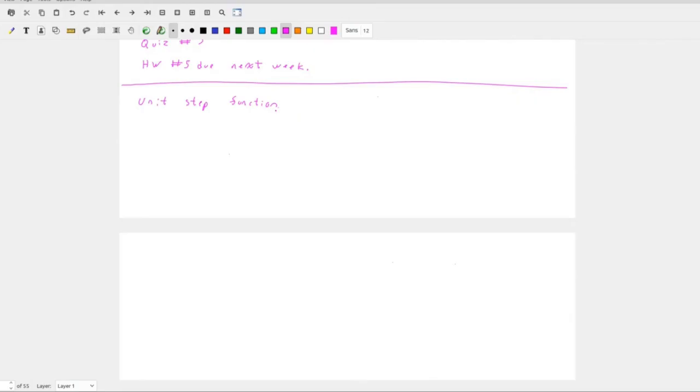Right? And so before we had an impulse, and now we want a step. And it's going to be a unit, so it's going to go to 1, just like before. Let's get a straight line.